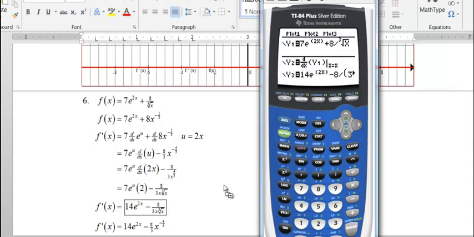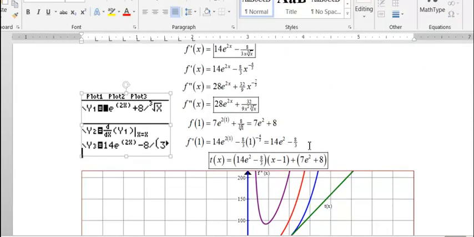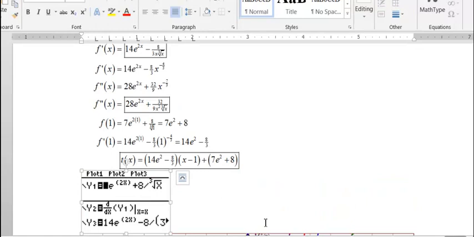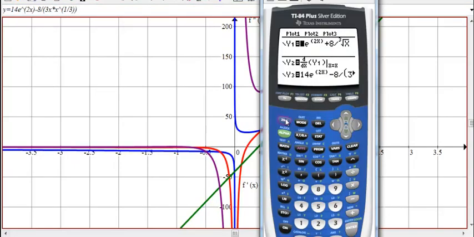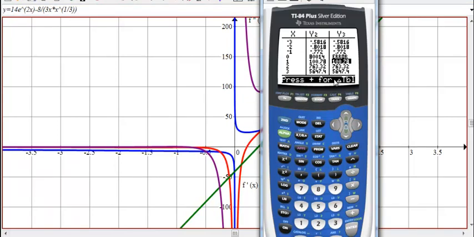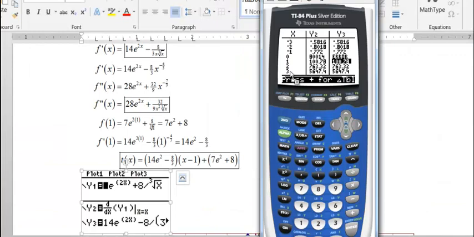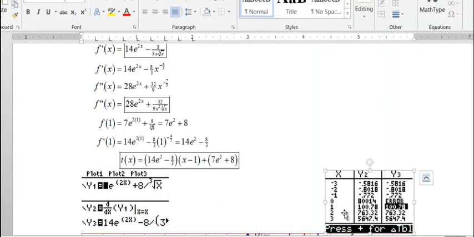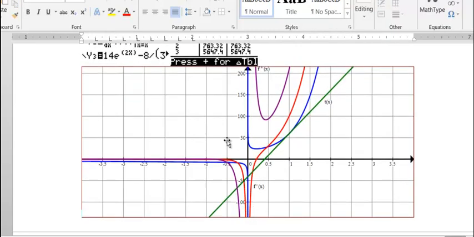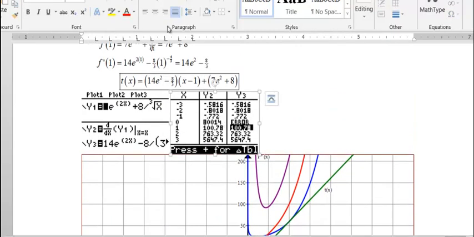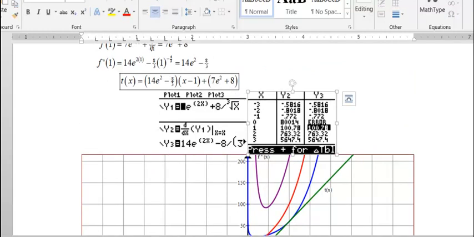So in general, we could check our formulas like that, and then check that the tables do in fact match as well. Okay, so that gives us a nice little check.